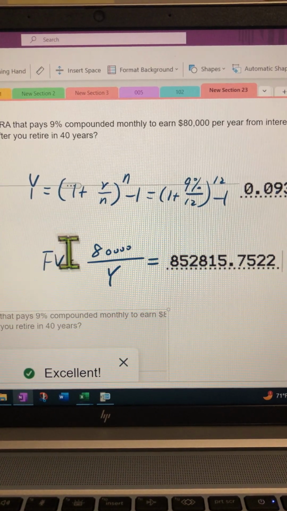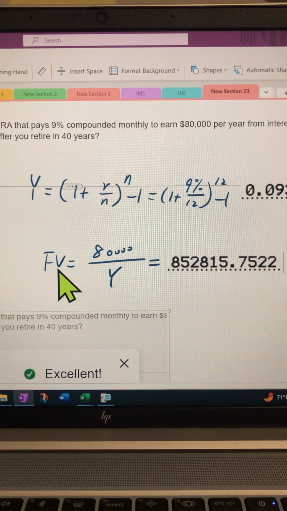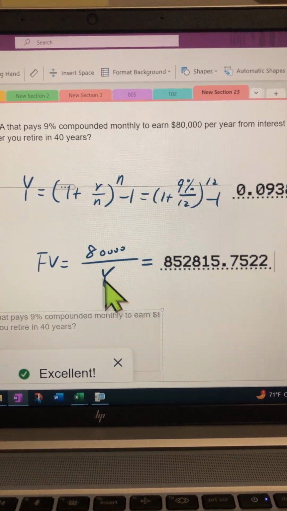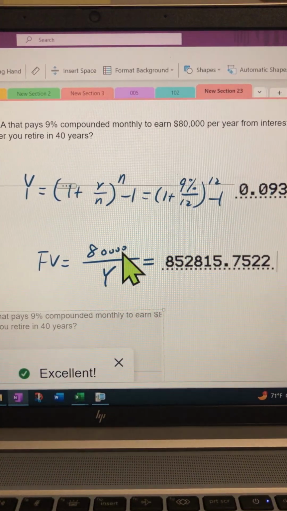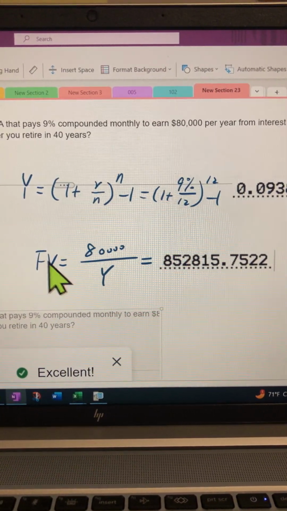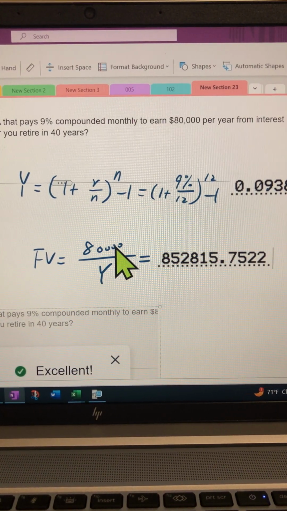Future value of the annuity is going to be the principal for the guy's retirement plan. So principal times interest rate gives you the interest, right? So interest divided by the rate would give you the principal. So we use the 80 grand.